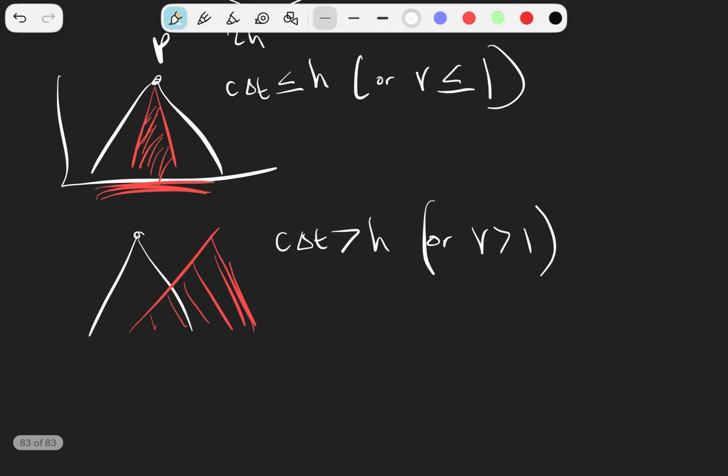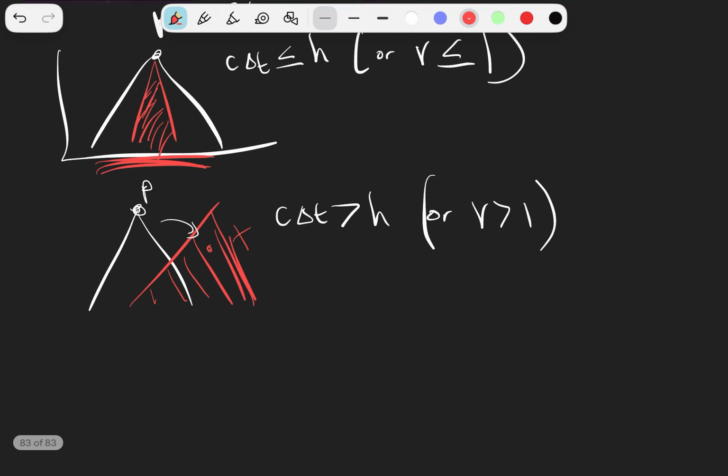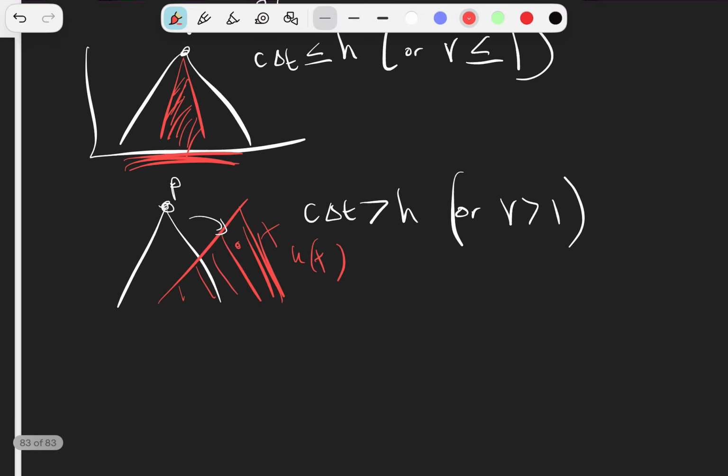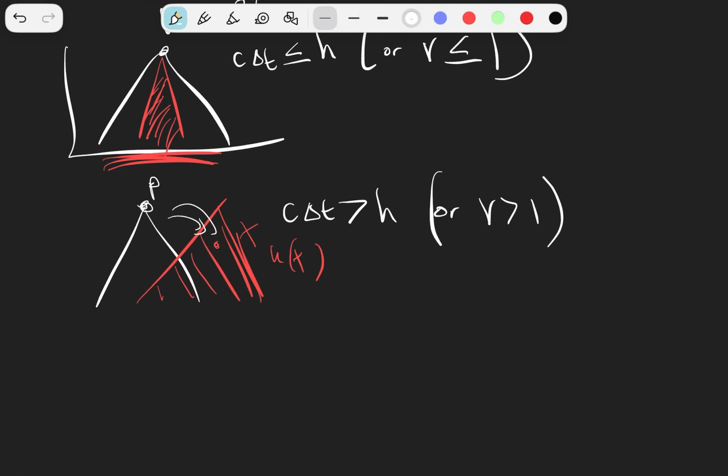So again, the logic behind this is the value of P here physically depends on some point X, right? And the machine cannot see point X. So it's going to assume that U of X is irrelevant. And the result is that the machine is trying to extrapolate this.